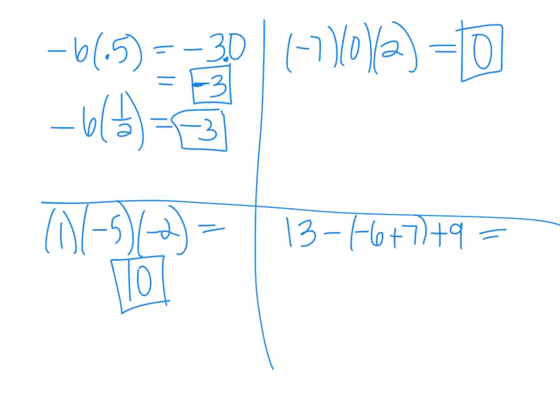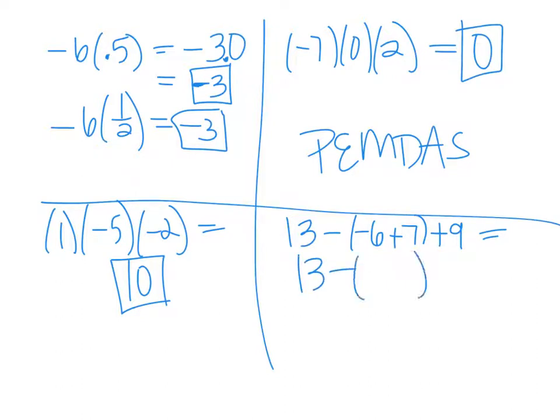13 minus, parentheses, negative 6 plus 7, and then plus 9. So remember PEMDAS, order of operations. I need to do the parentheses first. Negative 6 plus 7 would be positive 1.